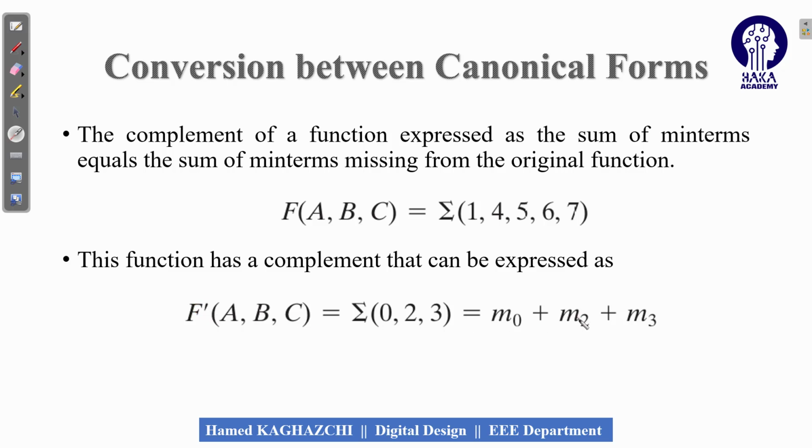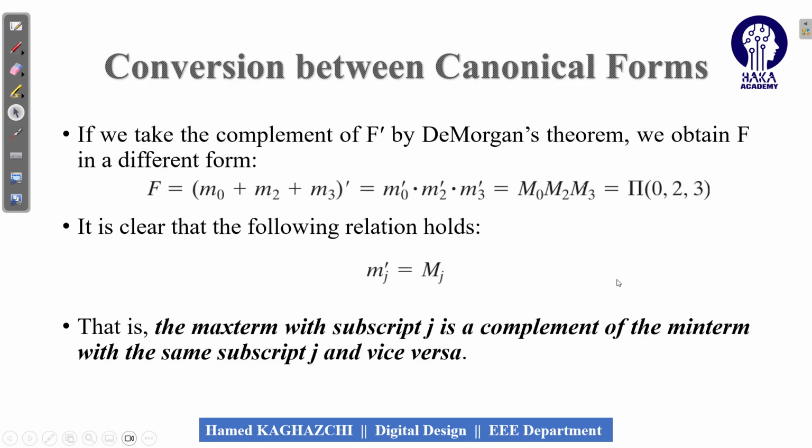On the other hand, if we take the complement of the complement, we will have the original one. So if I take the complement of this one, capital M0 dot capital M2 dot capital M3, which is equal to pi of 0, 2, 3, this is the representation form of the max terms.